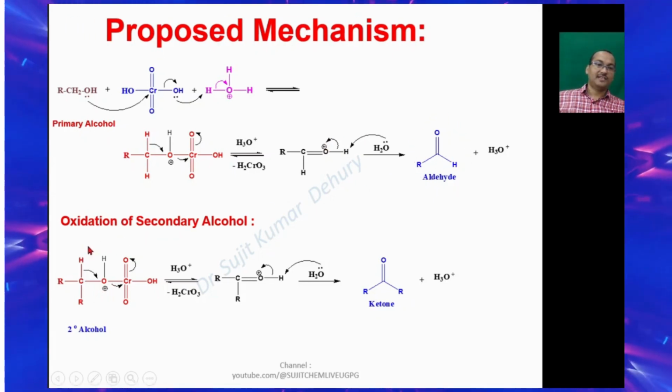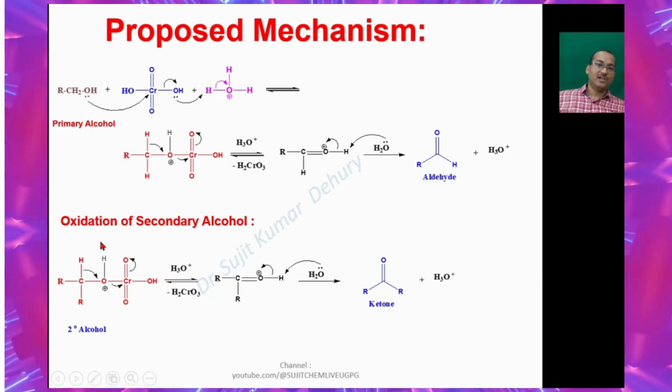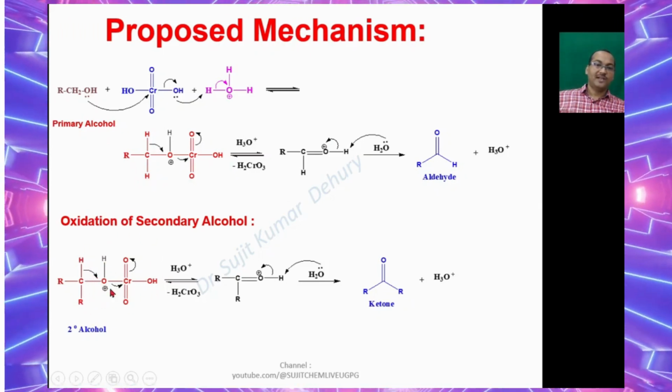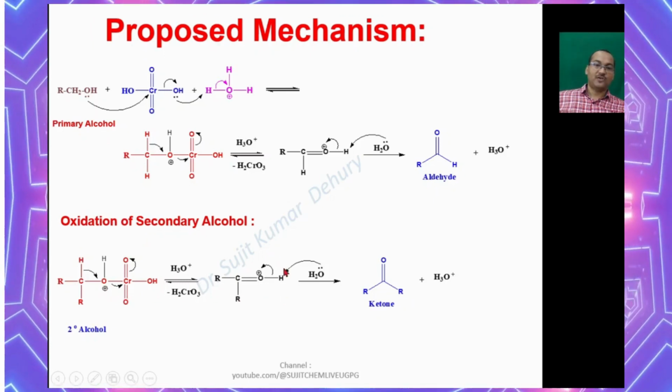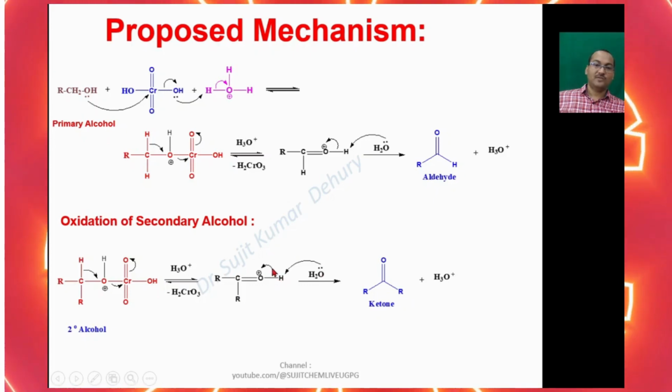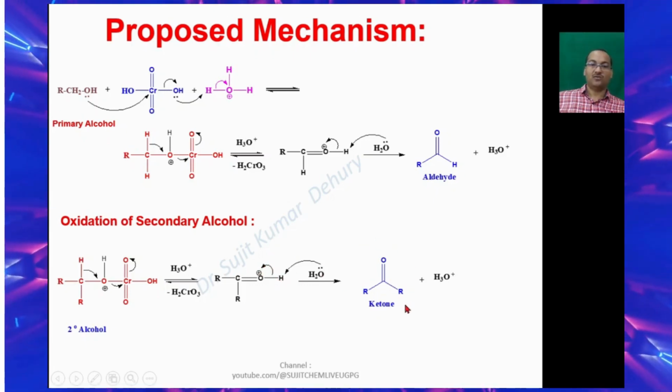Similarly, if we take the secondary alcohol, this H will be an R group, and the rest is the same. This simply breaks down, giving rise to this protonated ketone, and water takes this proton. This O-H bond will break on O plus, giving rise to the ketone.